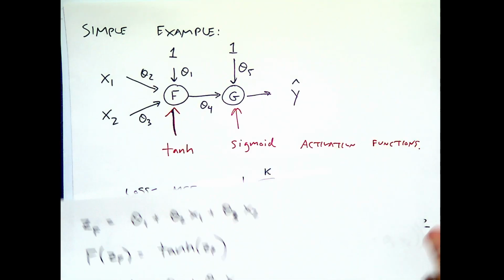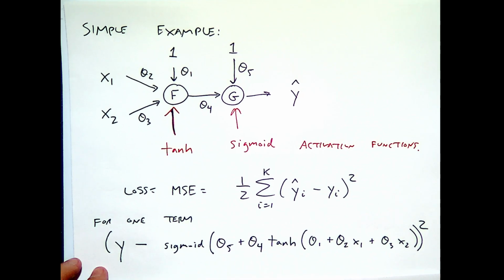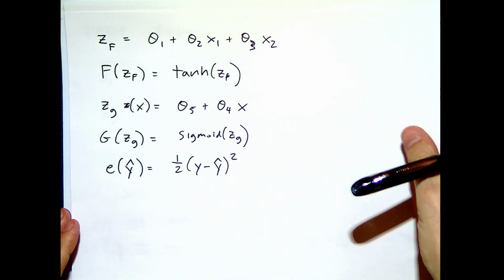And so the nice thing is that I can take this, which is basically my error, and write it as the composition of all of these independent functions, right?